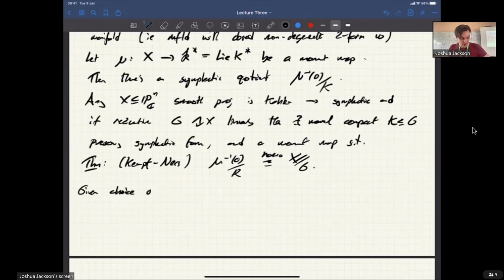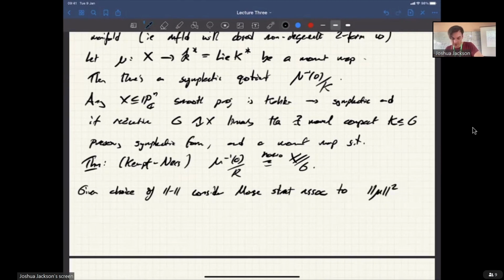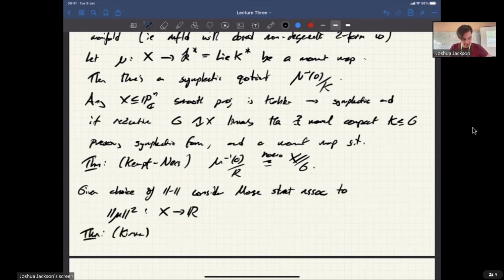So given a choice of this invariant inner product, we can consider the Morse stratification associated to the norm square of the moment map, from X to R. And then the theorem, which is due to Kirwan, is that this stratification coincides with the HKKN stratification.